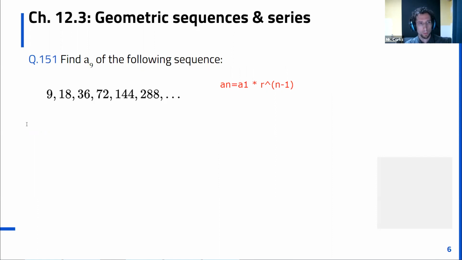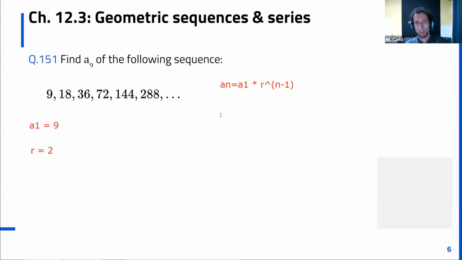And if we look at the sequence here, A1 is just 9. We can see that. We can also see what our common ratio is. What is that? 2, just multiplying by 2 each time. Okay, so we have all the parts for the formula, and we know our n, it's going to be 9.